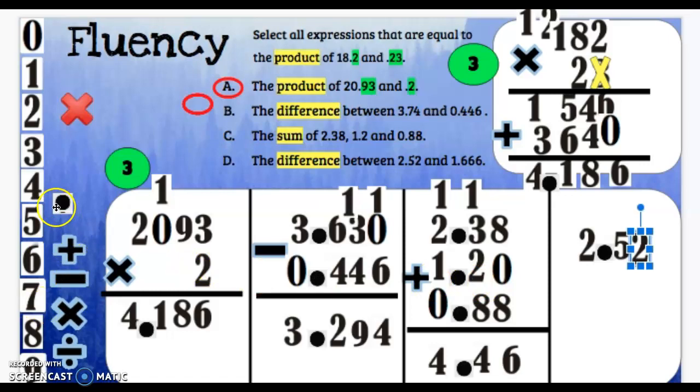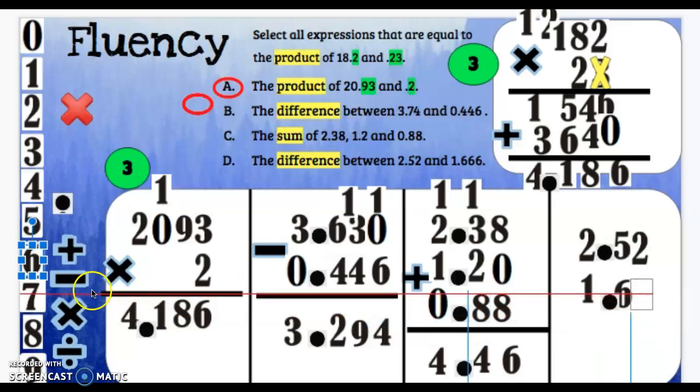And then I need to line up my decimal points, so I put my decimal point. I have 1 in the ones place, so I put the 1 in the ones place. I have a 6 in the tenths place, a 6 in the hundredths place, and a 6 in the thousandths place.